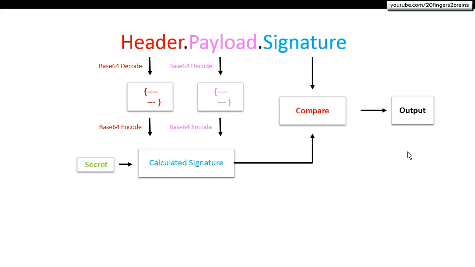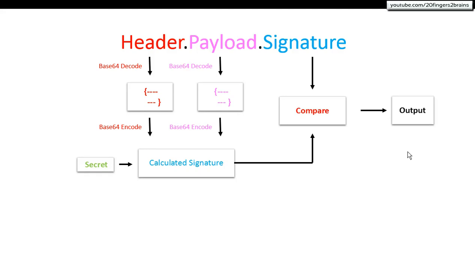So now you know why we need algorithm details in the header. Once the algorithm is known by the server, it will again base 64 encode the header and the payload. Since the server has the secret, it will calculate the signature again, and then compare it to the signature on the token.